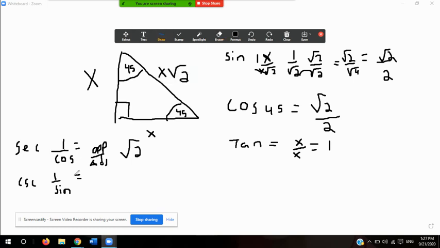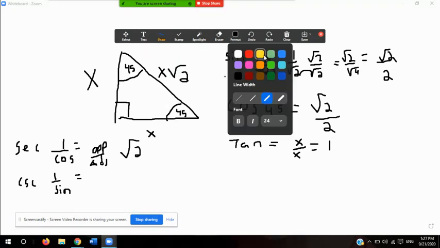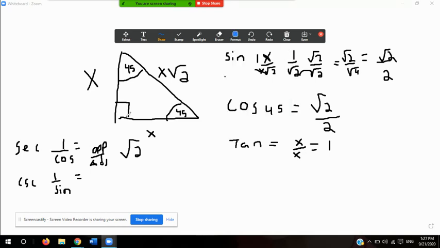So if I would have decided to use 1 over the sine of 45, let me use a different color to explain this. If I would have decided to use the identity function like they did in your book, I would have just said 1 over the square root of 2 over 2, and I would have just had to invert it.